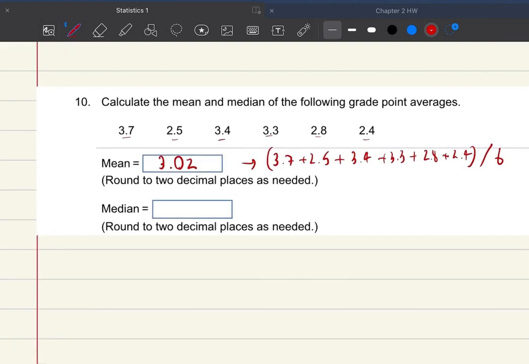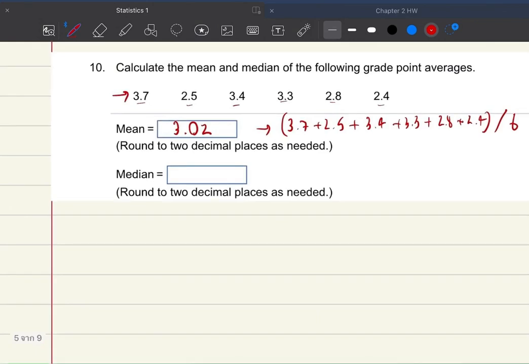The median is the middle number of the dataset. So we have to arrange it again. The first number will be 2.4, 2.5, 2.8, 3.3, 3.4, and 3.7.